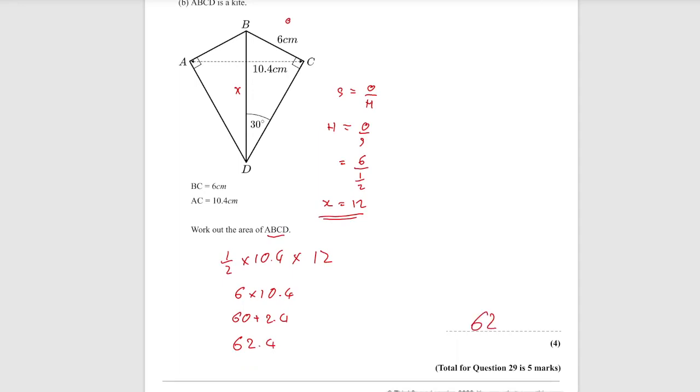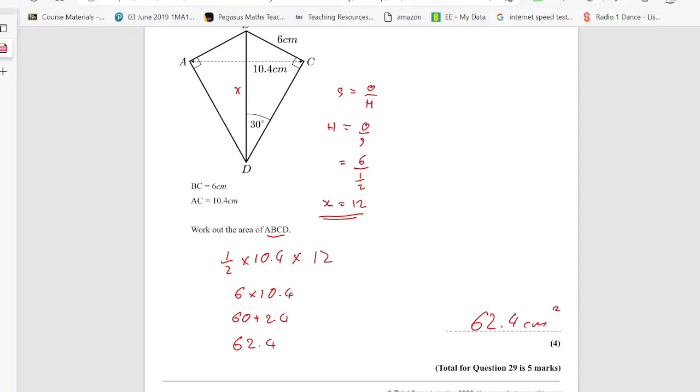So there we go, 62.4 centimetres squared. Okay, so could have done that as two separate triangles and then added them together, by taking 10.4 and halving it, but that works just as easily.